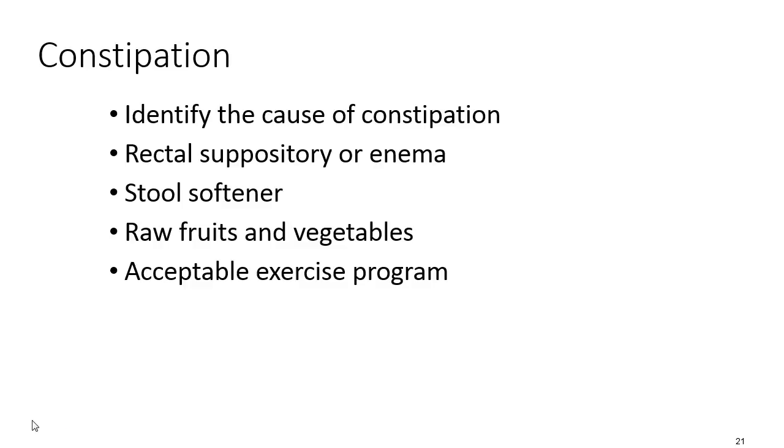Things that we can get from the healthcare provider as far as orders go: rectal suppositories or enemas, orders for stool softener. We can encourage the patient's intake of raw fruits and vegetables if permitted on the diet, and then encouraging them to be up and active as much as possible.